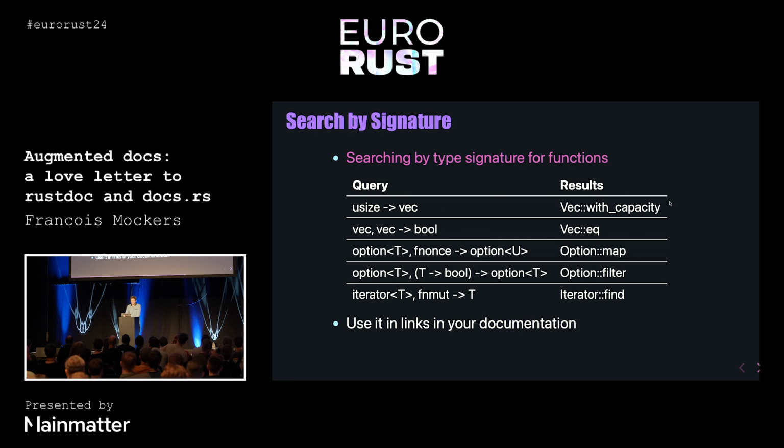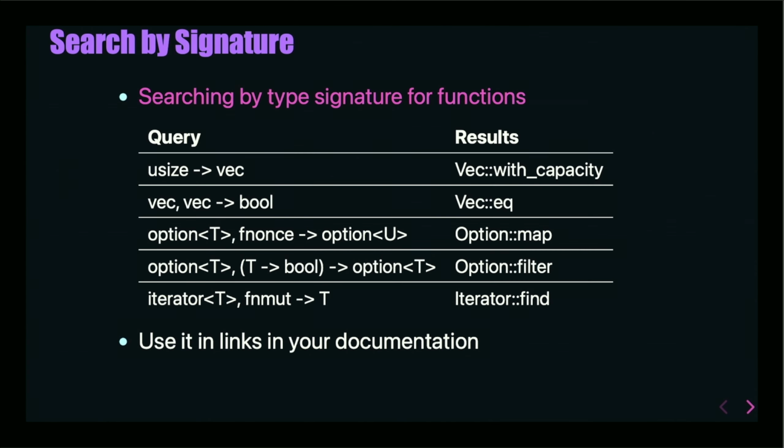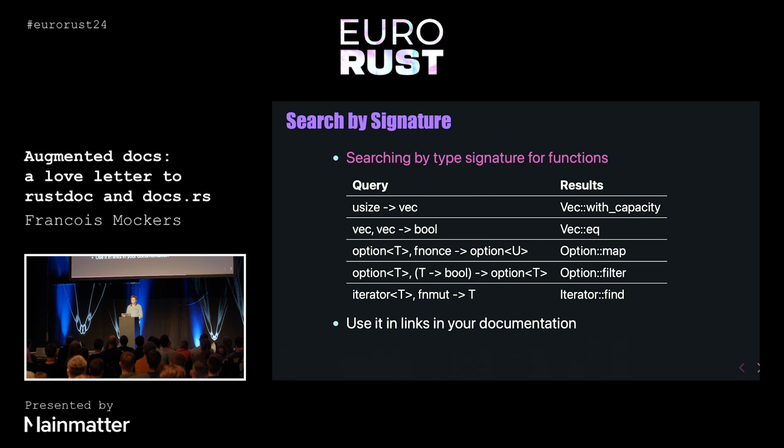You can find a lot of functions like that. For example, if you need to find every function that will return a given struct, you can search it like that. What's interesting for us when writing documentation is we can link to this, and it will be useful for documentation. Again, for example, for the case where we want to say, if you want to create a struct, just look at this function, and give a link to the search.